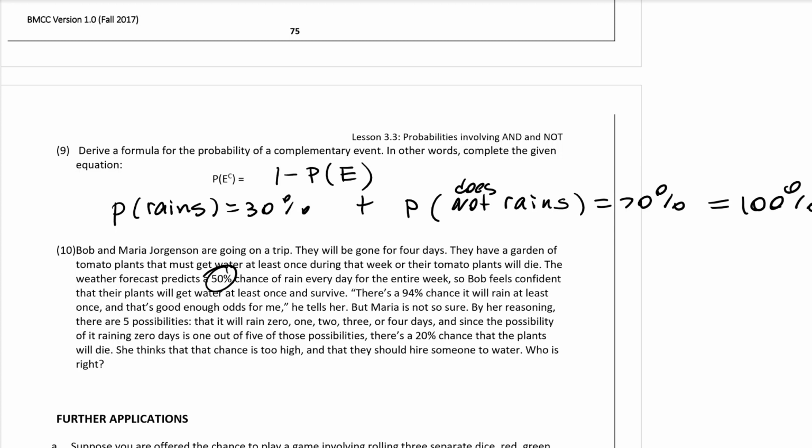So we got 4 days. Let's say Monday, Tuesday, Wednesday, Thursday, and that's it. All right, so it's going to be a 50% chance of rain for each of those days. So when will the plants die? If it's not going to rain at all, right?